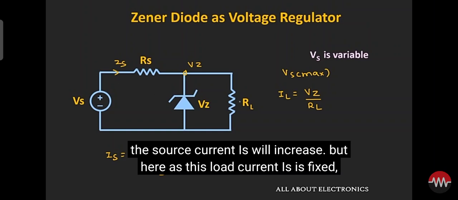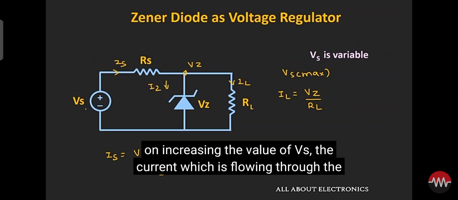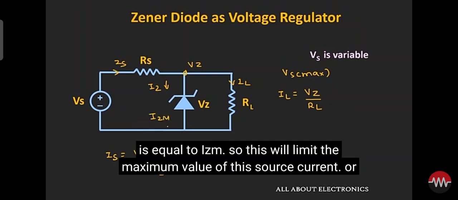But here, as this load current IL is fixed, so the remaining current will flow through this Zener diode. So as we keep on increasing the value of Vs, the current which is flowing through the Zener diode will increase. But we know that the maximum allowable Zener current is equal to IZM. So this will limit the maximum value of this source current.